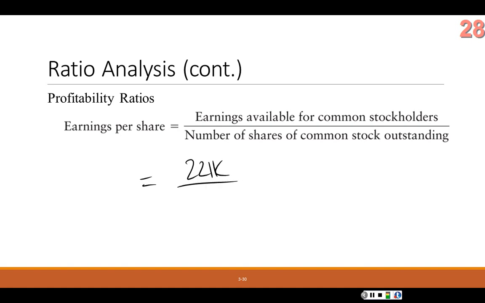We divide that by the number of shares of common stock outstanding. And if you see footnote B of the income statement, it says that common stock outstanding was 76,262 in 2012. So that gives us earnings per share of $2.90.